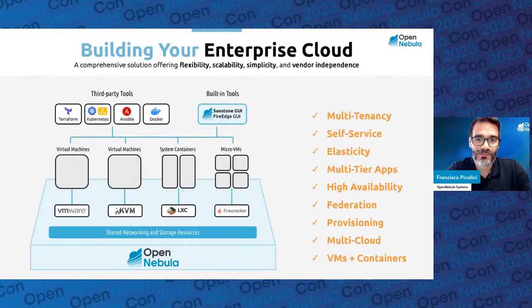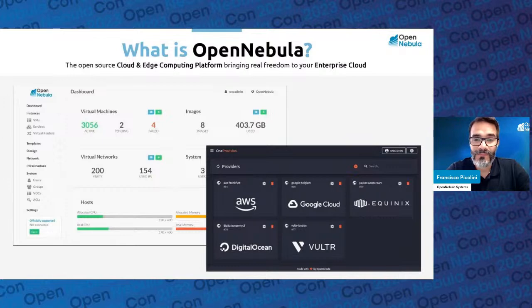And this is basically the interface that we have right now. We have FireEdge and one provider. On one provider, you can select the services, the resources, and the providers that you have here in an easier way.